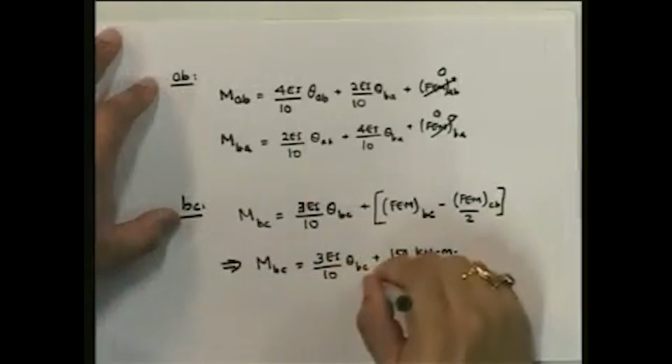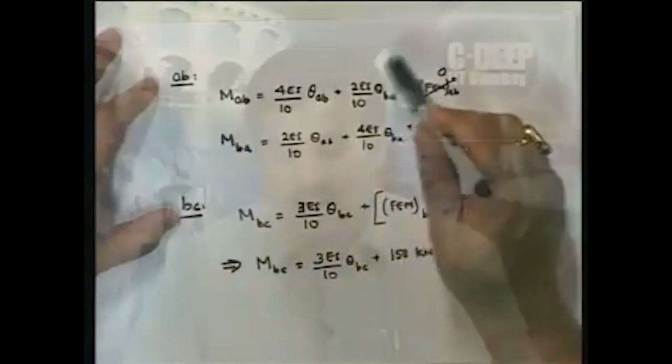However, we consider the fact that MCB is equal to 0, and so theta CB can be statically condensed out, and we are only left with theta BC. Theta CB is not an essential deformation quantity required to define the force deformation relationship in BC. Okay. So we've got relationships for MAB, MBA and MBC in terms of the member end rotations.